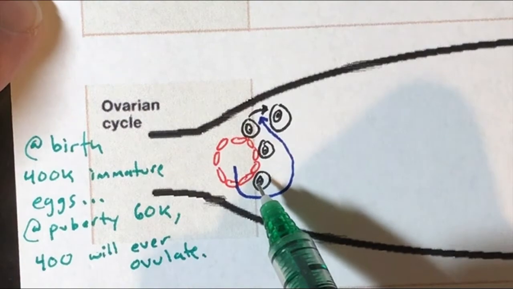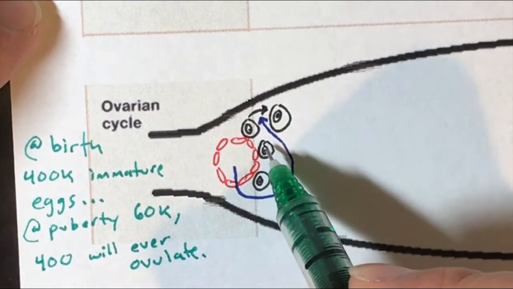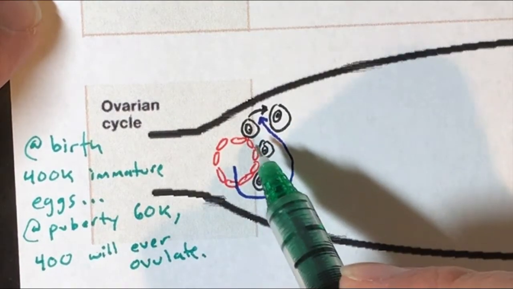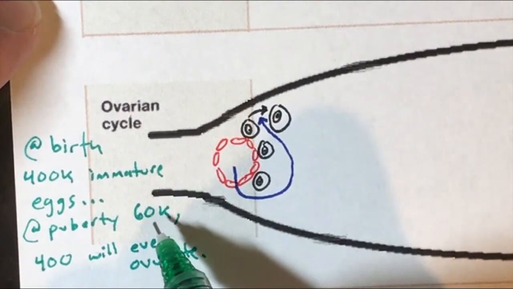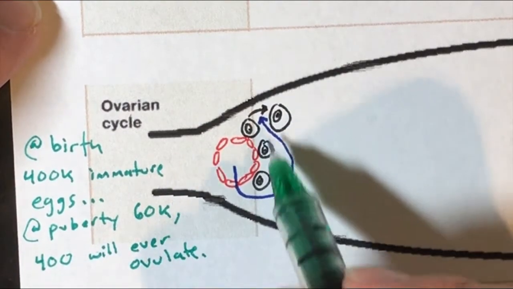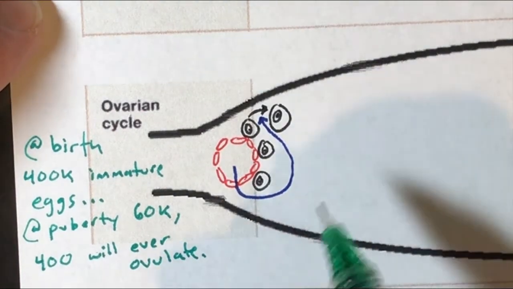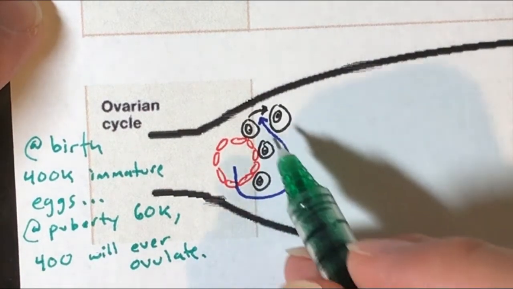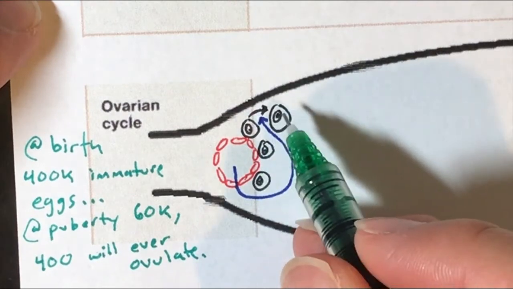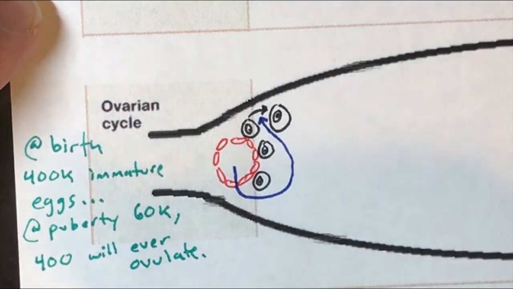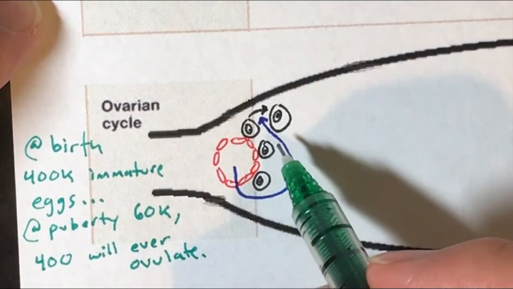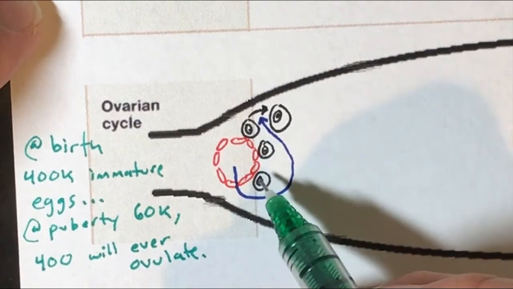So these initial cells that I drew here are part of the 60,000 immature eggs that are in the ovaries around puberty. When FSH comes in, it's going to stimulate the development of several of these immature eggs.